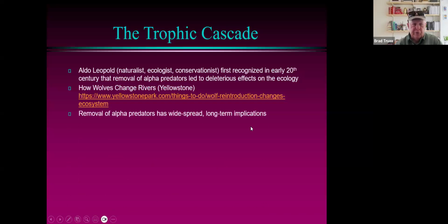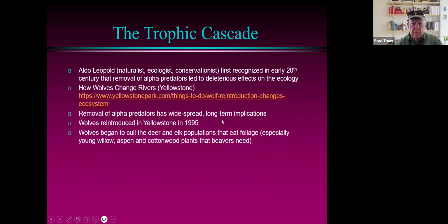It's all about Yellowstone. At one time, all the wolves were removed from Yellowstone. Wolves are an alpha predator, and that removal led to widespread long-term implications. But then when wolves were reintroduced to Yellowstone in 1995, a whole host of changes took place.